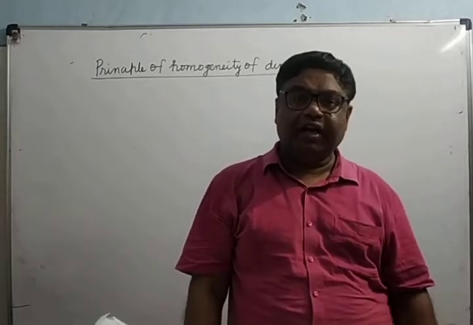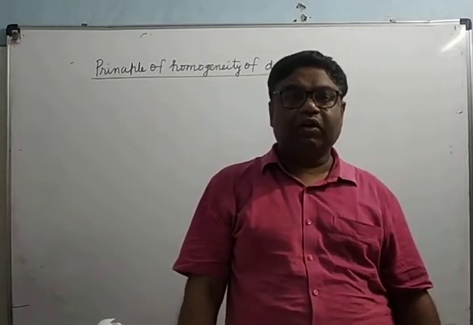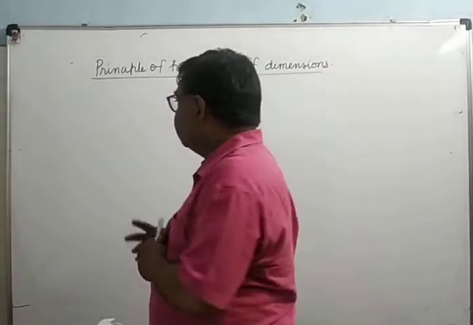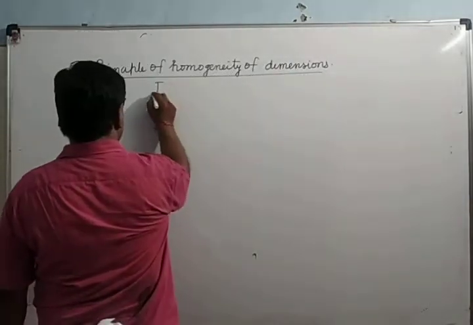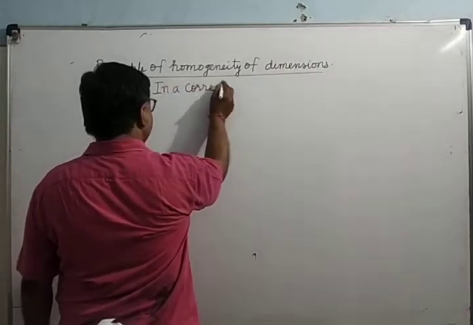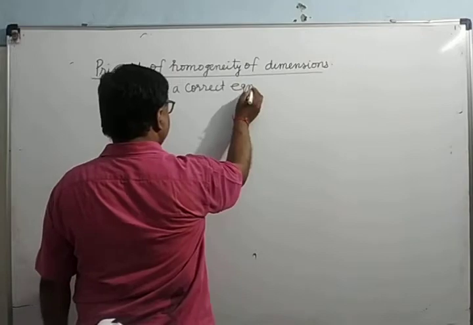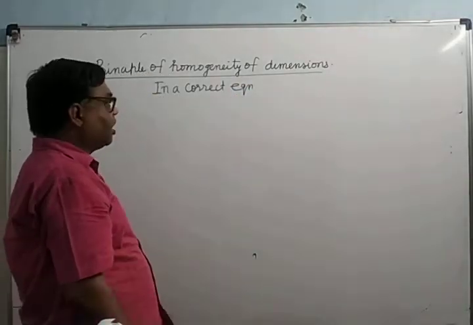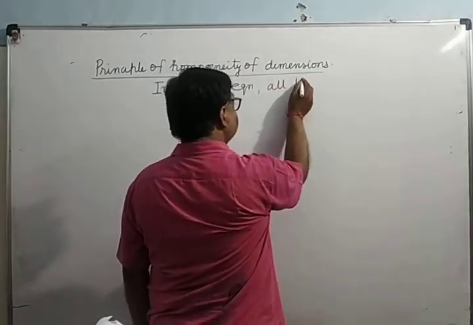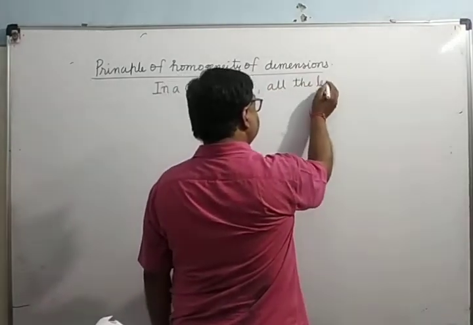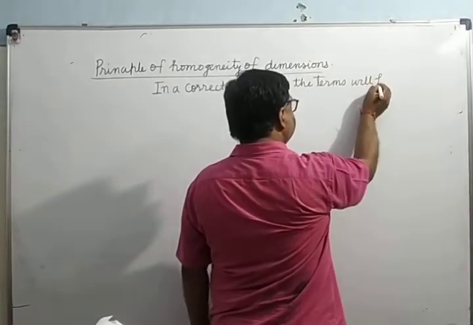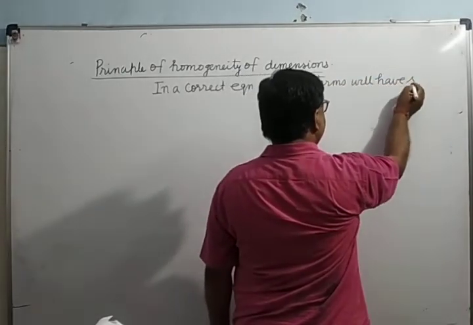According to it, in a correct equation, all the terms will have the same dimensions. It's clear? Homogeneous means एक समान. In a correct equation, all the terms will have same dimension.